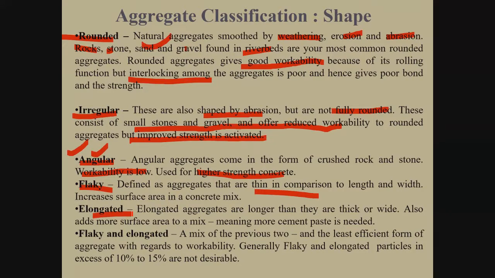Elongated particles are longer than they are thick or wide. This also adds more surface area to a mix, meaning more cement paste is required. So less economical, less workable, and less strength will be achieved from the flaky and elongated particles. As a rule of thumb, their value should not exceed 10 to 15%.